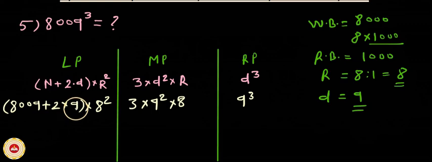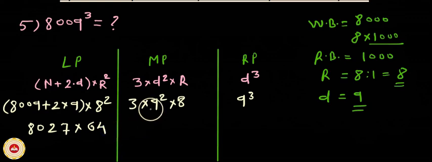2 nines are 18. Okay. 8009 plus 18 is 8027. Correct. 9 twos are 18. 18 plus 9 is 27. Multiplied by 8 squared is 64. Correct. Now 9 squared is 81.